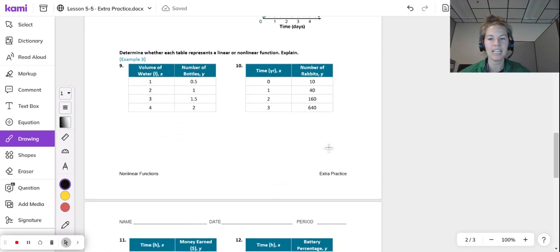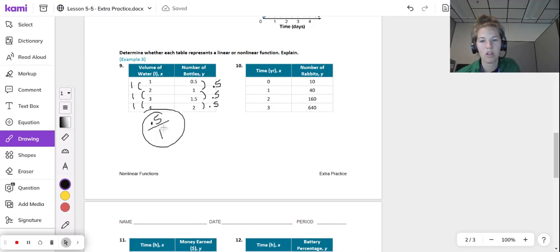Now, if we look at some tables, we need to make sure the rate of change, or our change in y over the change in x, is the same throughout. So 0.5, 0.5, 0.5, 1, 1, 1, which means your slope remains the same throughout.